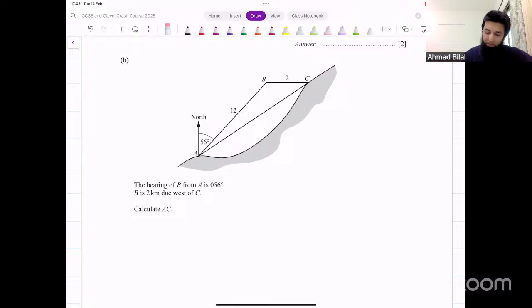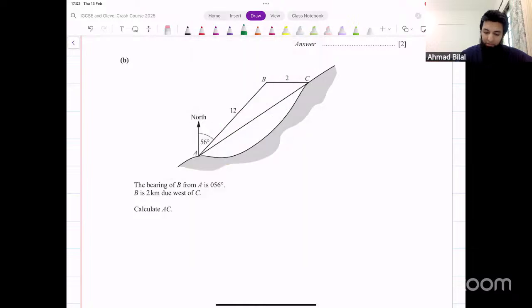Now, how do we think about this? In this triangle, we have two sides, but two sides are not enough to find any unknowns here. How can we use this angle to find any angles inside this triangle? Let's think about this.